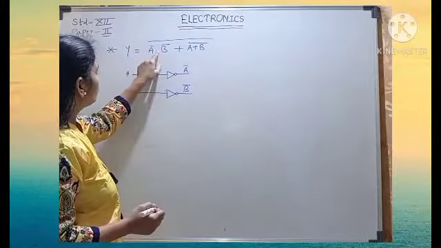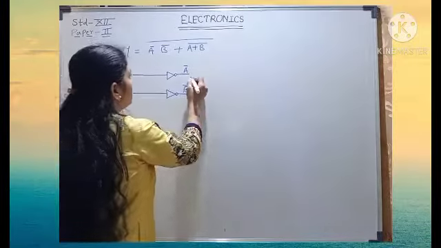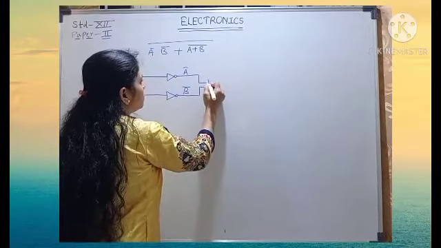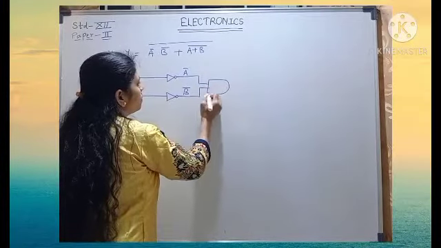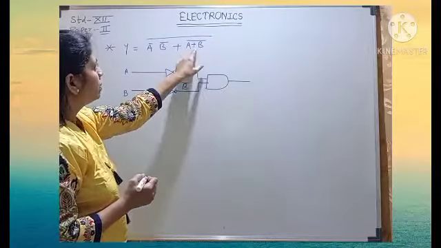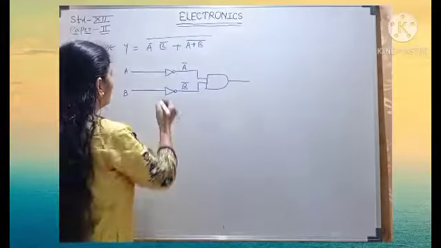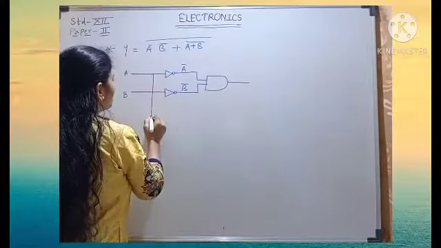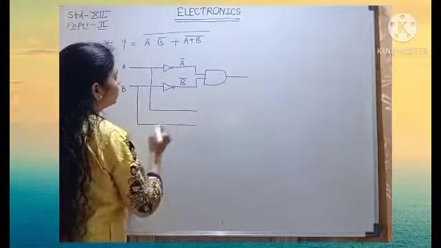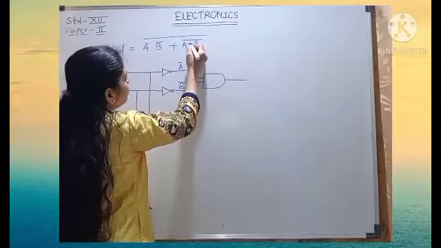So here we got A bar, here we got B bar. Now for this we got a dot product. We are using here AND gate. So we got this term. Now we want this (A plus B) bar. So we are taking this A and this is B. Now we want the plus.